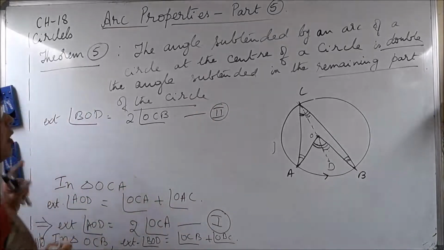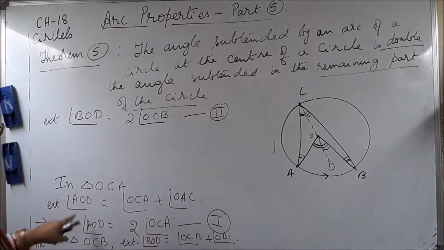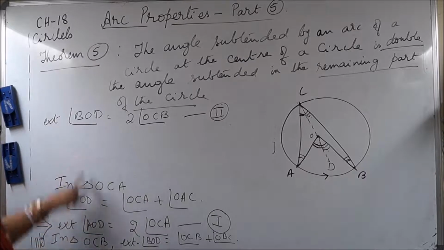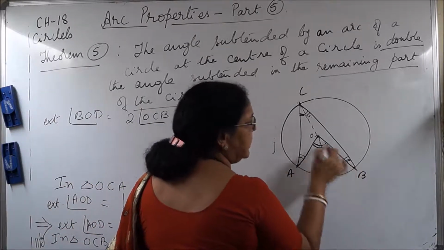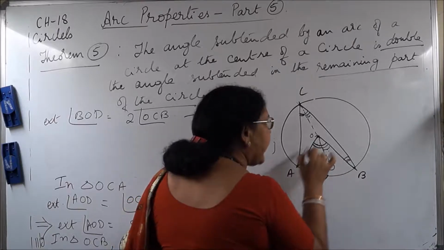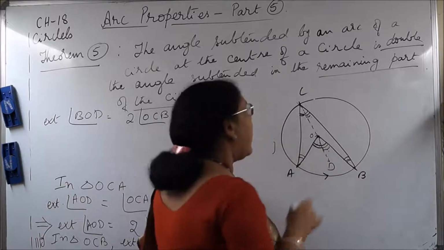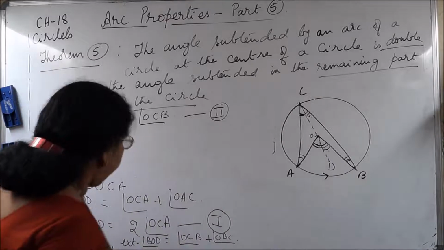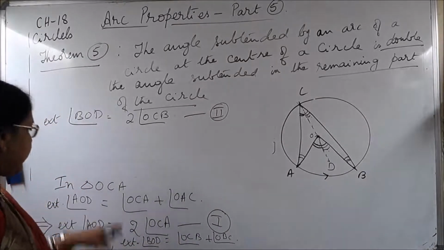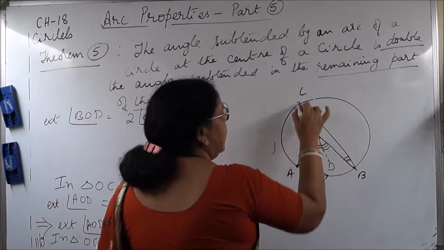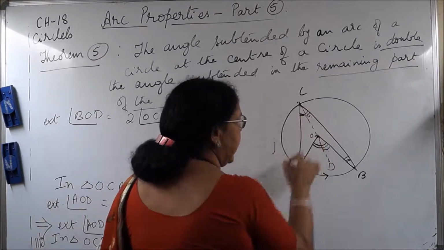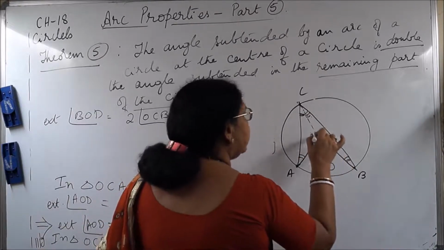Now from equation 1 and 2, exterior angle AOD and exterior angle BOD together make angle AOB. This part is equal to twice angle OCA and this part is equal to twice angle OCB.